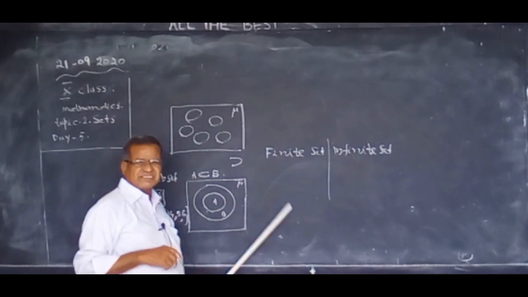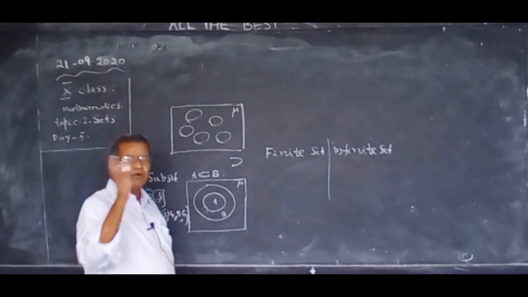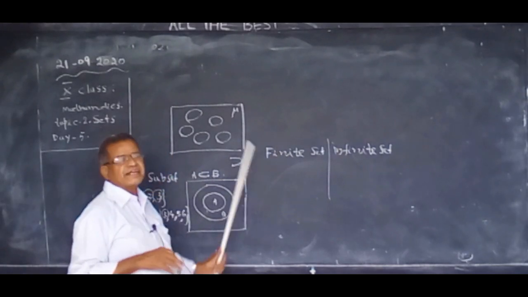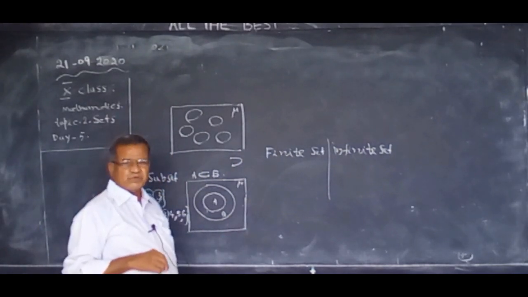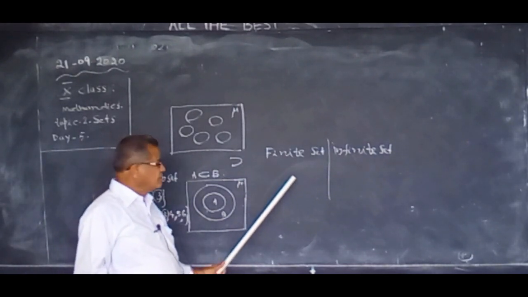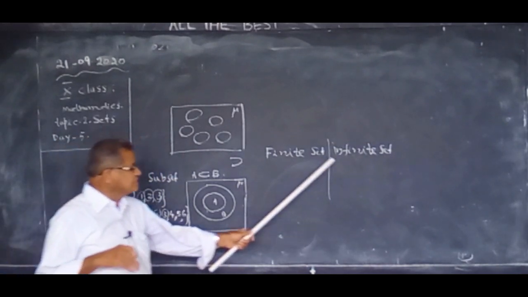There are 12 months in a year: January, February, March, like that. We can count. Such sets are called finite sets. In the other kind, we cannot count.